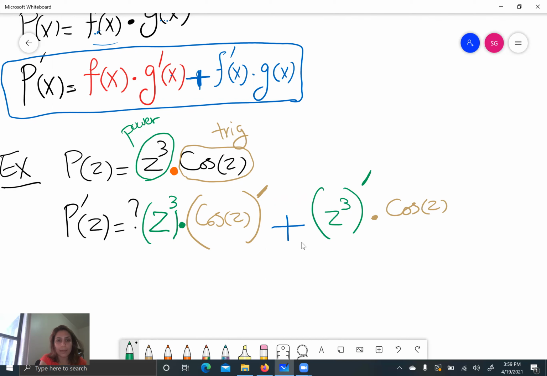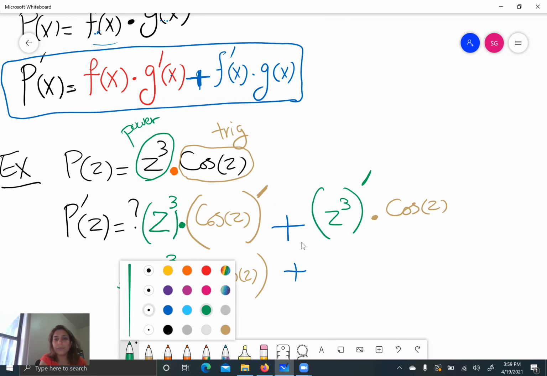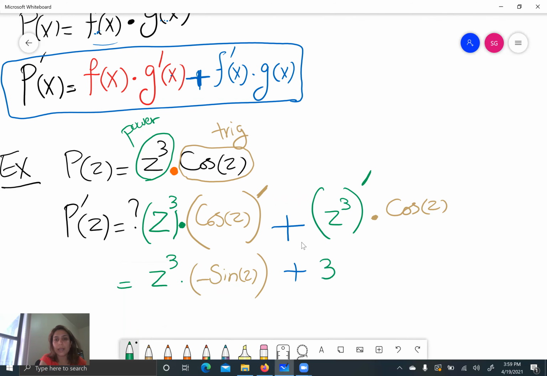So it's going to be Z cube times, what is the derivative of cosine? Negative sine. Plus, now take the derivative of the power function. What is the derivative of Z cube? It's 3 times Z squared, multiplied by cosine of Z. That's it.